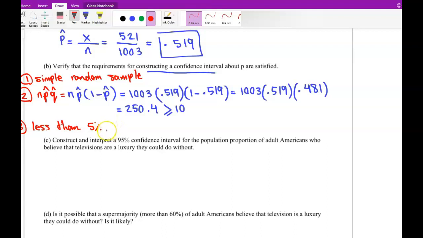So if n is less than or equal to 5% of the population size.